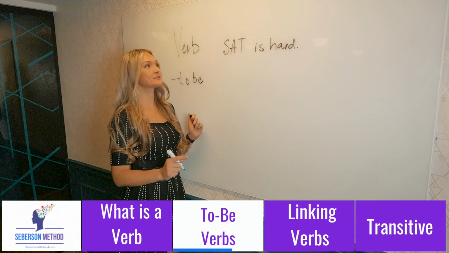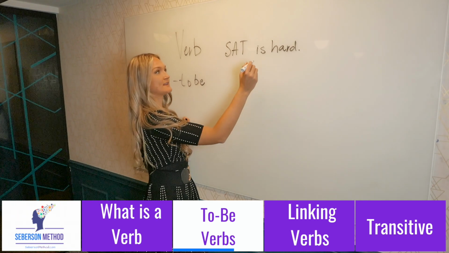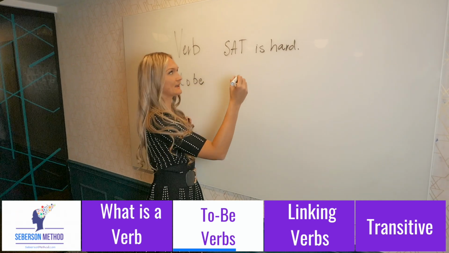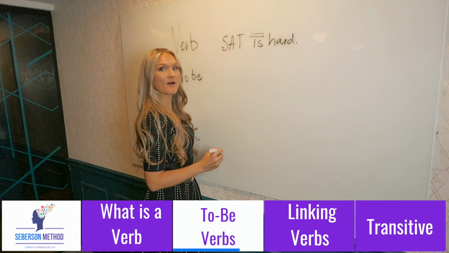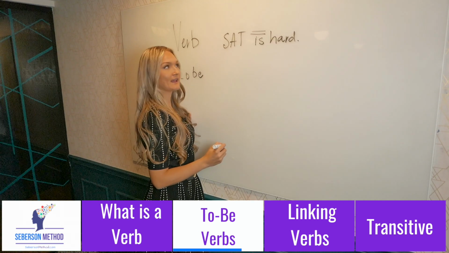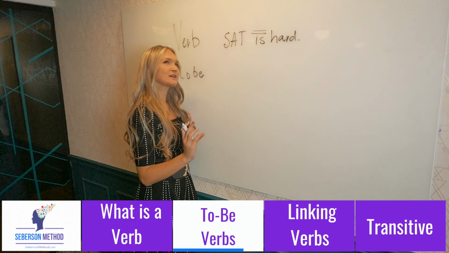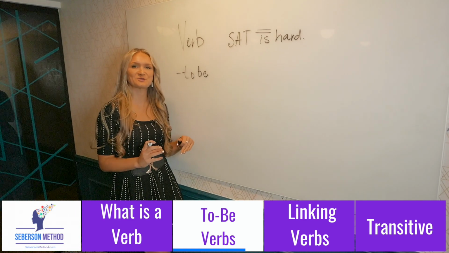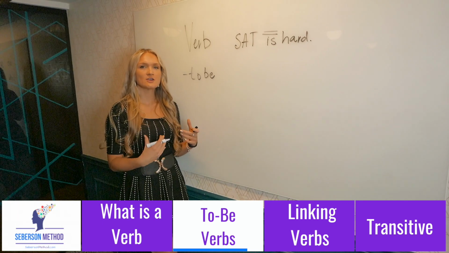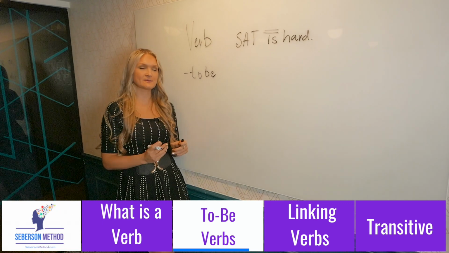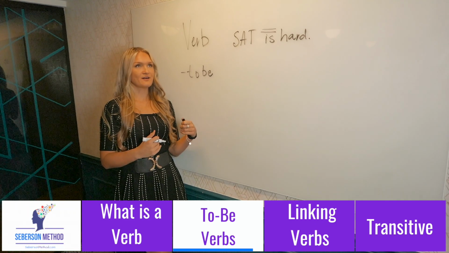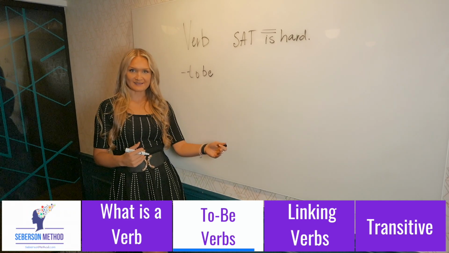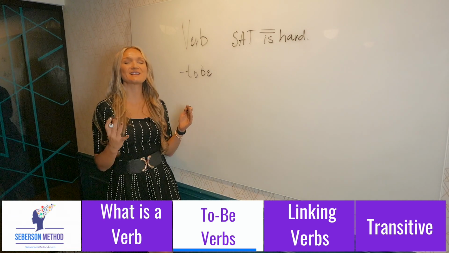What we're doing here with this to-be verb is communicating that SAT equals hard. Whenever you are writing an essay and you're still an emerging writer, you tend to use a lot of the to-be verbs. The author is, the characters are, the plot was. So you use a lot of to-be verbs.